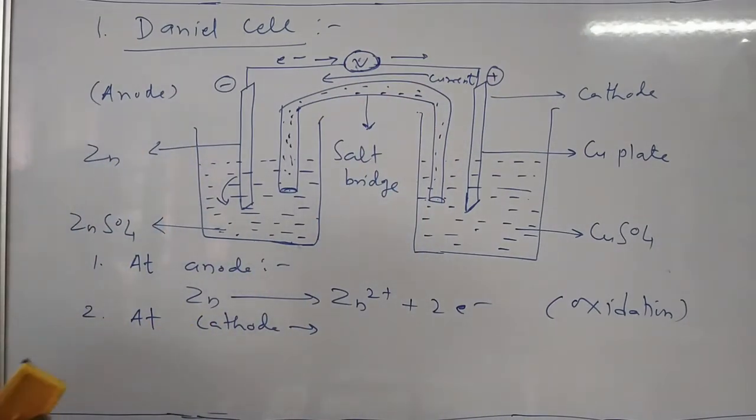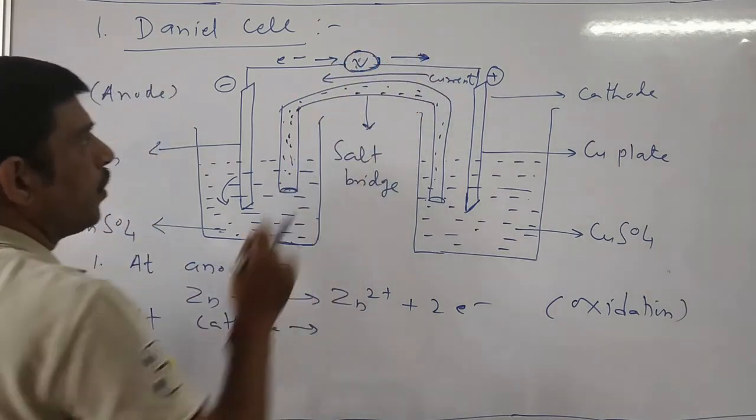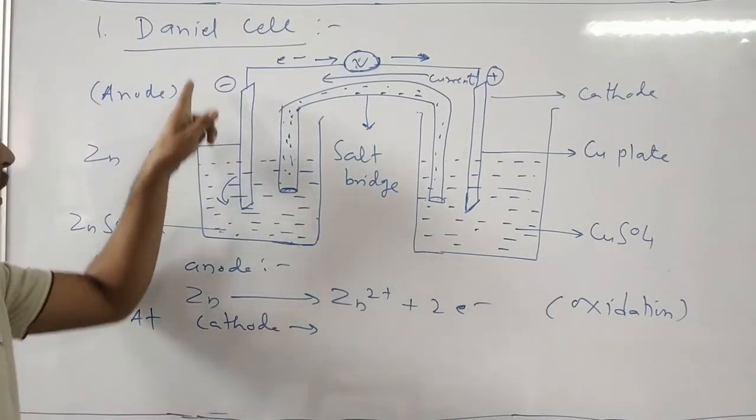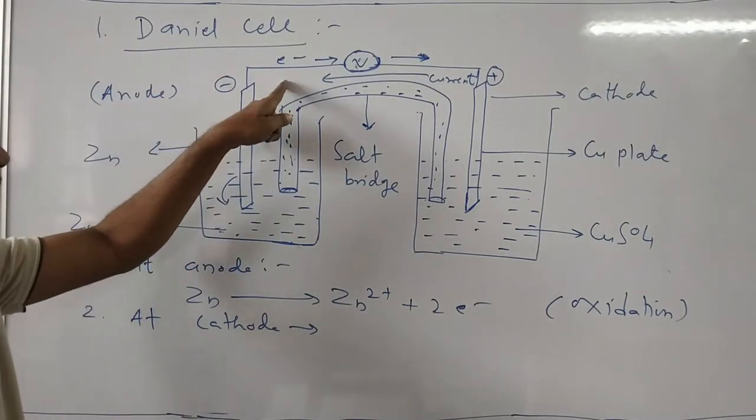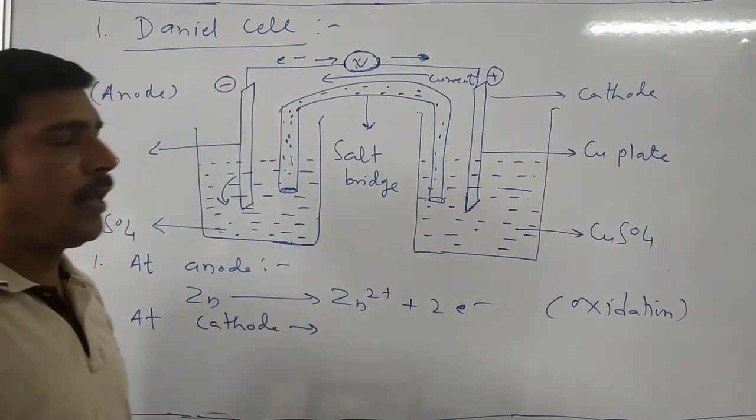So there is an opposite flow for electron and current. Current flows from cathode to anode in the Daniell cell, and electrons go from anode to cathode.